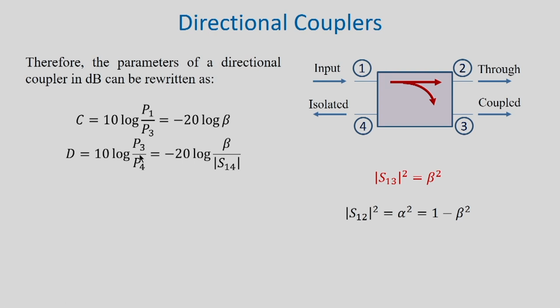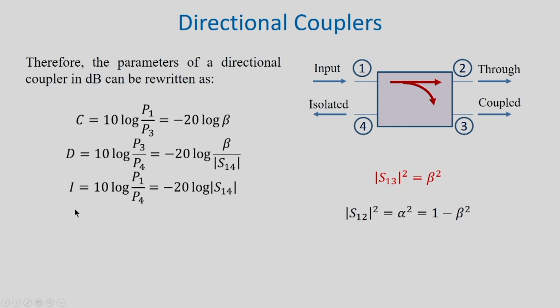So, P3 by P1 can be written as 1 by beta square, and similarly P1 by P4 can be written as 1 by mod of S14 square, and therefore, D can be written as minus 20 log beta by mod of S14.